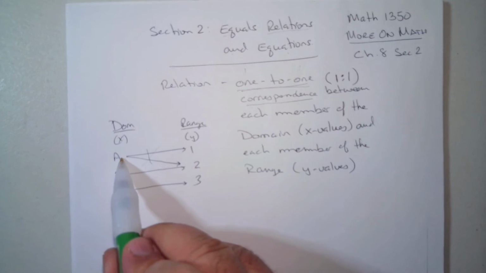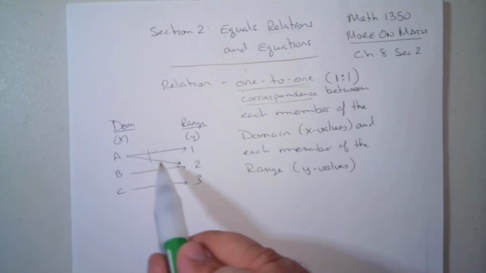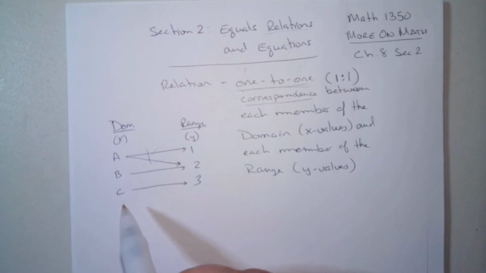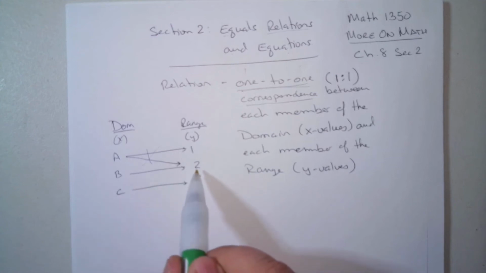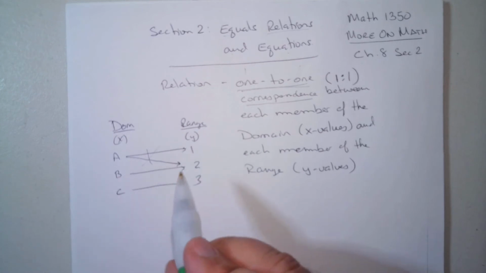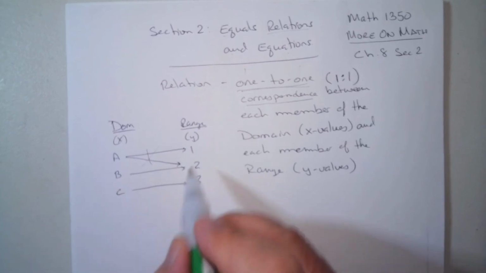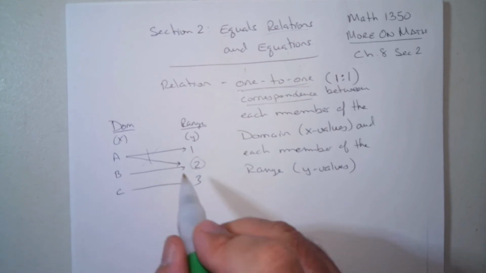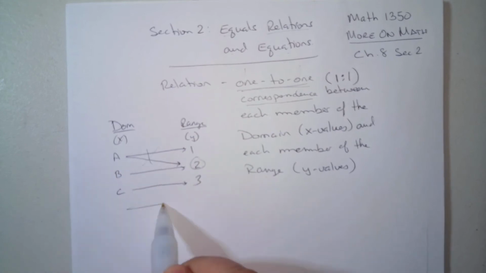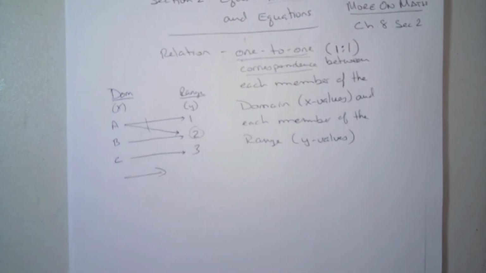If person A is dating two people, is he in a one-to-one relationship? No. Is B in a one-to-one relationship? Yeah. B is only dating one person. B's in a relationship, but the person they're dating isn't. But we only care about going this way, from left to right.